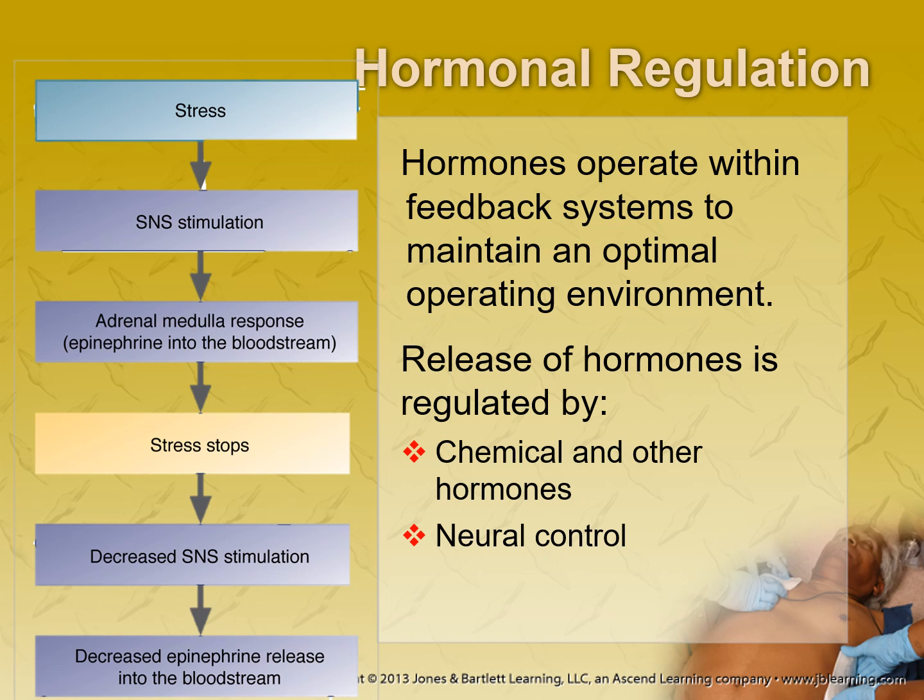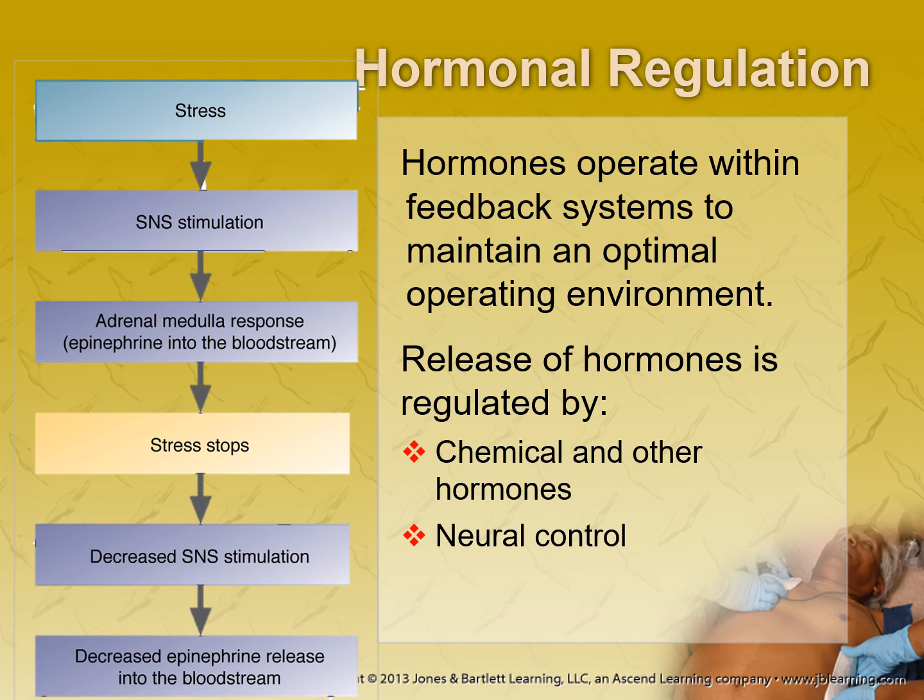As our body gets stressed, our sympathetic nervous system will be stimulated. The adrenal medulla will respond with epi in the bloodstream. At the same time, our nervous system is taking care of the same kind of stuff, increasing respirations, increasing the chronotropic and inotropic properties of our heart. All of that kind of stuff will occur.